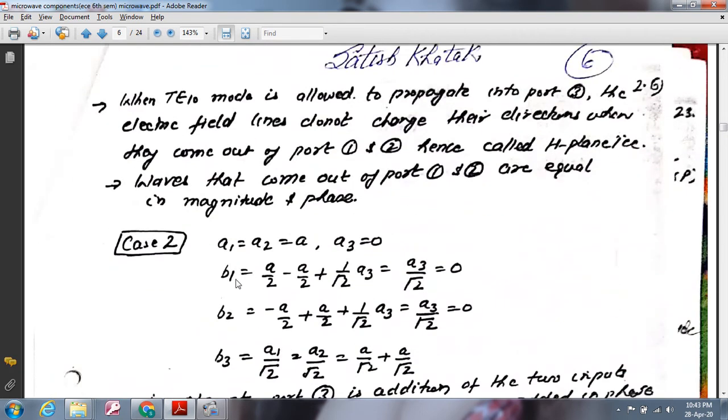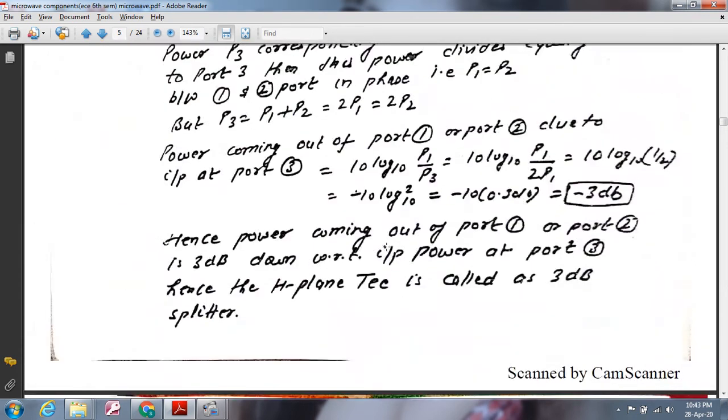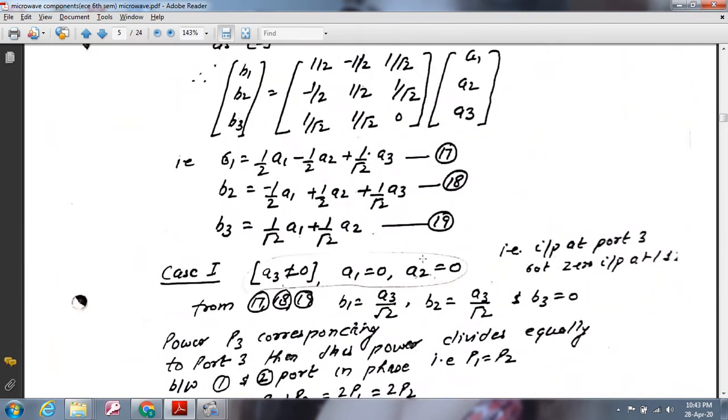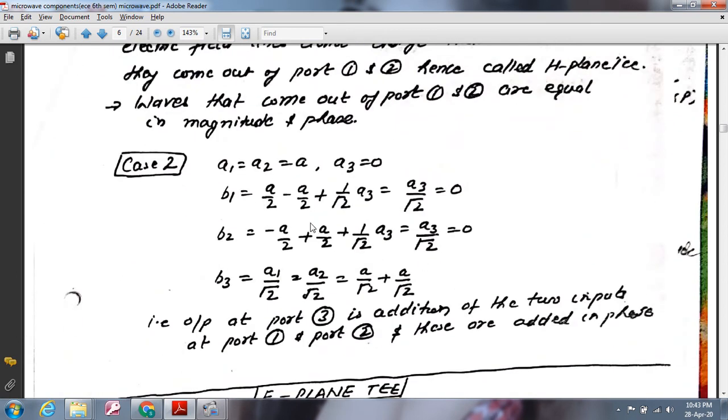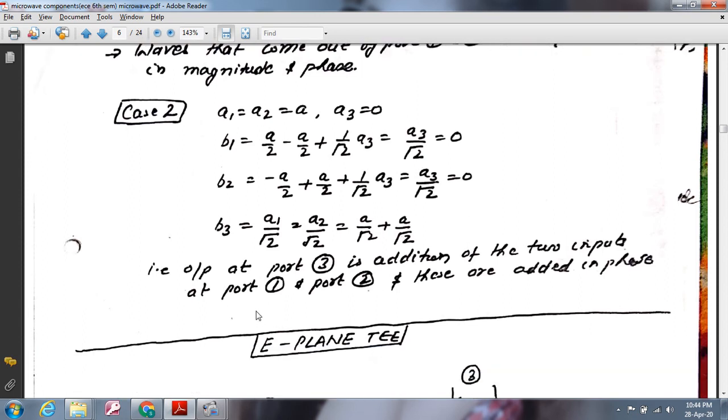If we put A1 equals A2 equals A and A3 equals 0 in these equations, we will get B1 equals 0, B2 equals 0, and B3 will be A by root 2 plus A by root 2. That is, the output at port 3 is the addition of the two inputs at port 1 and port 2, and these are added in phase.